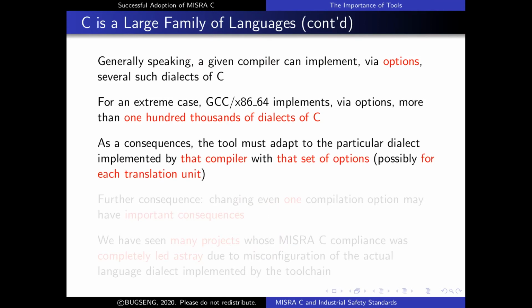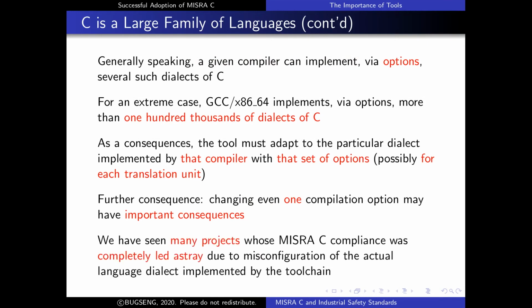And the important consequence is that if your tool is not configured to capture exactly the dialect of the language you are using, then the results of the analysis are completely worthless. We have seen many projects where, due to misconfiguration of the tool, the analysis result meant absolutely nothing.